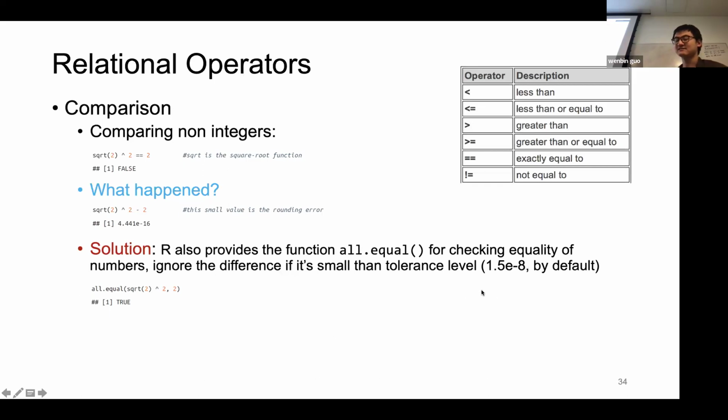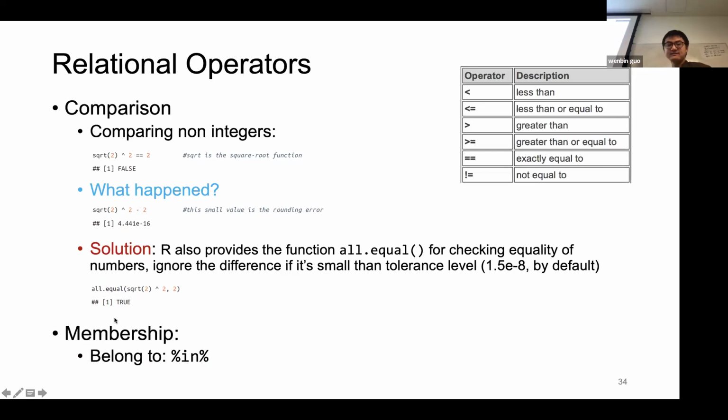So basically, it computes the difference and then compares it to a constant threshold, which is pretty small. If you calculate all.equal between the square root of 2 squared and 2, you will see it's true. So they are the same.